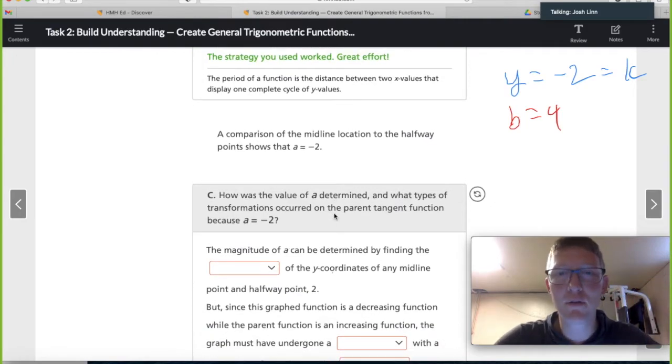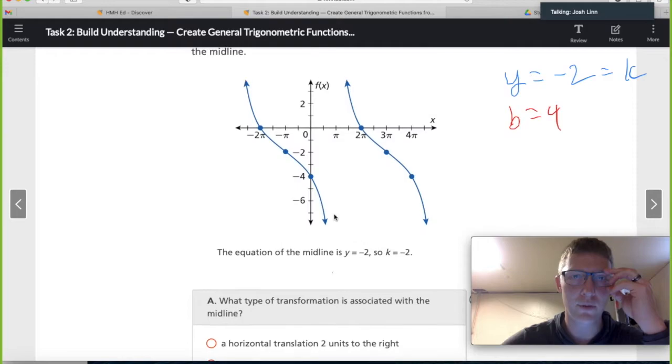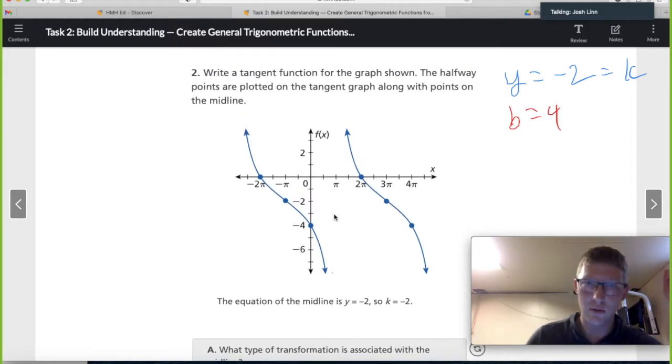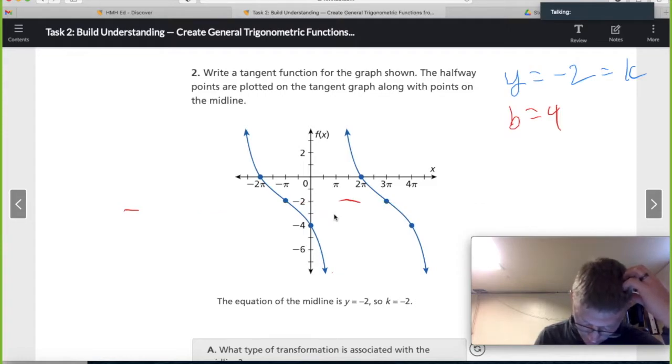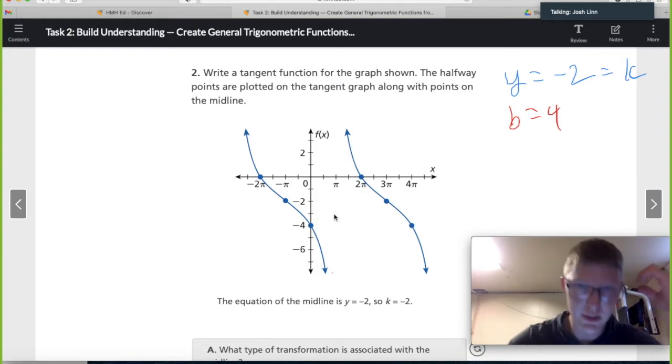So a comparison of the midline location to the halfway points shown shows that A equals -2. So we've got our midline, and how did they get -2 for our amplitude?